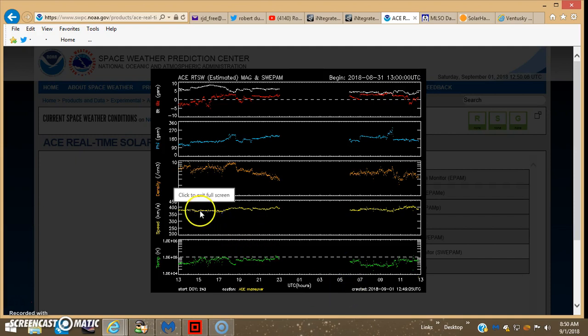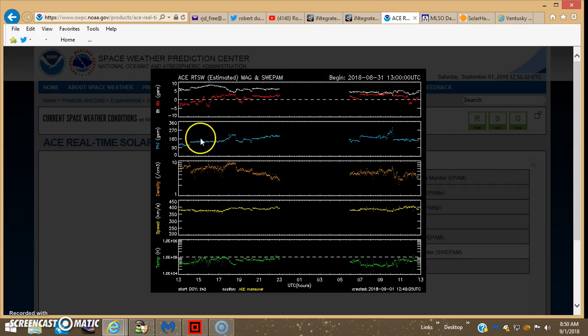But anyway, as you can see, space weather coming from our sun is really quite calm. Temperature's low, speeds relatively low, the density's dropping. So phi angle's not changed a whole lot.